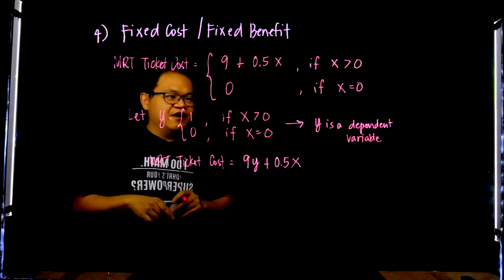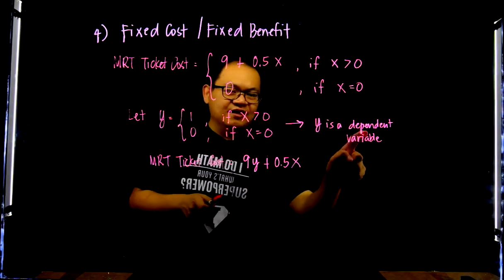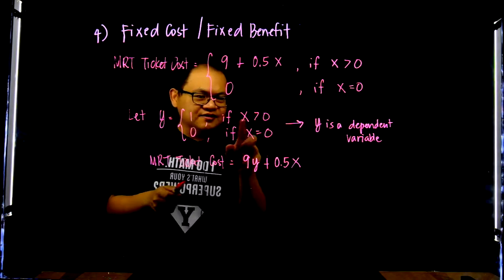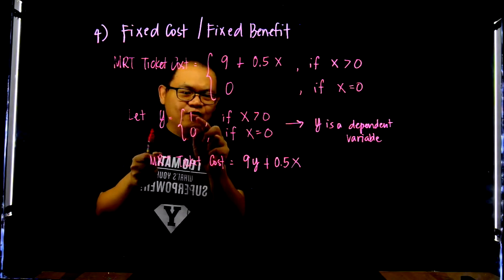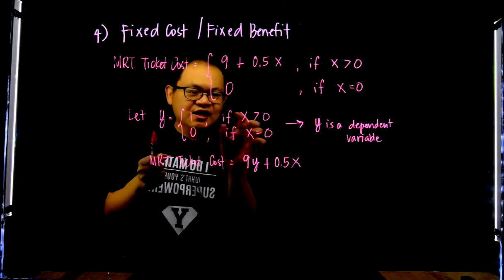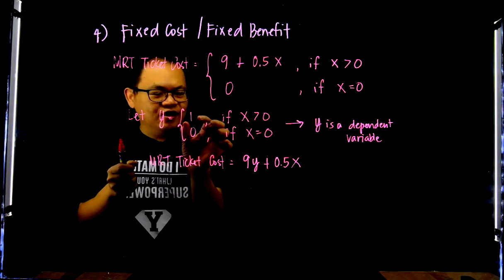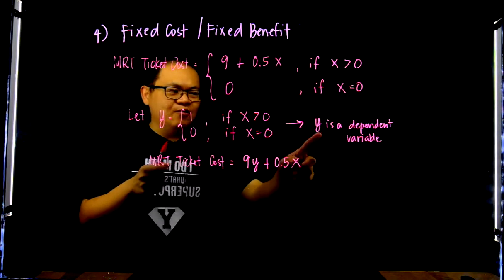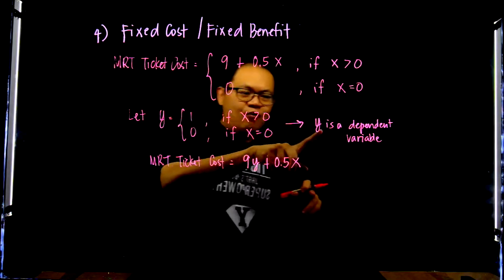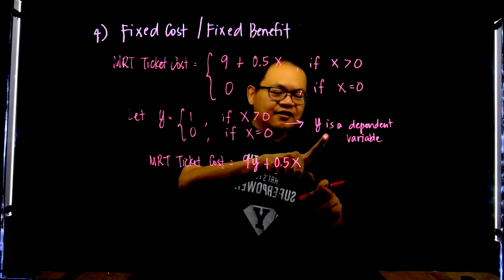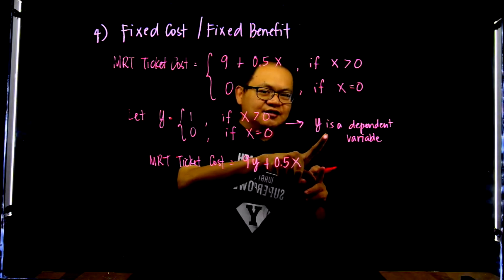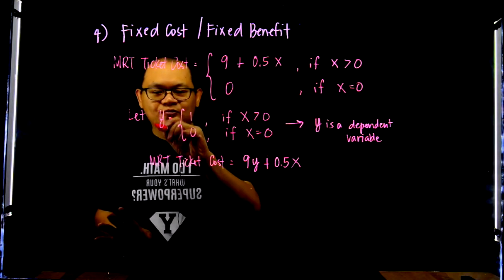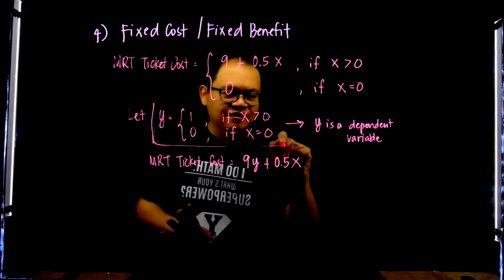In this case y is dependent on the value of x: if x is positive, the value of y is 1. If x is 0, the value of y is 0. And if y is a dependent variable, then there should be a constraint in your model that will try to replicate or represent this definition.